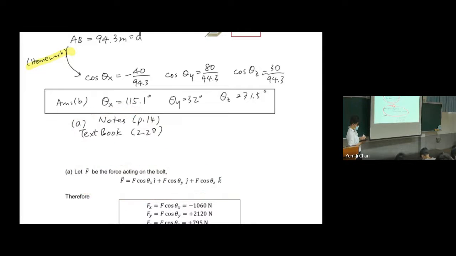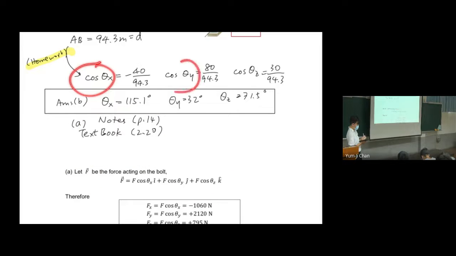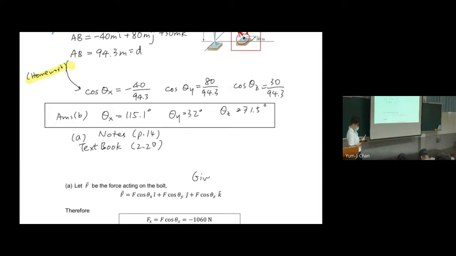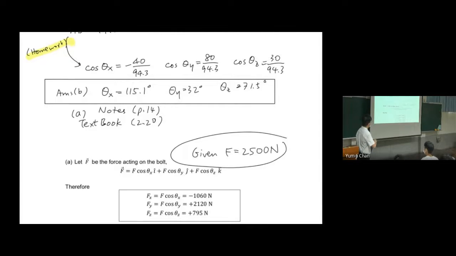And because we know cosine theta x, cosine theta y, and cosine theta z, and the force F, we are given F equals 2,500 newtons, right? So we can determine these three force components. Is that okay?